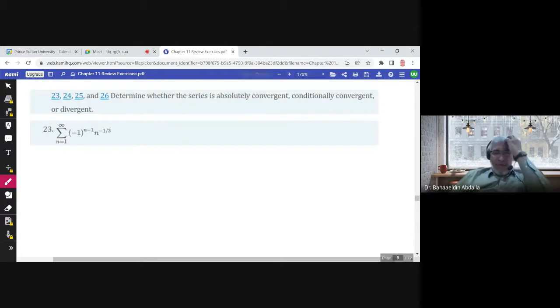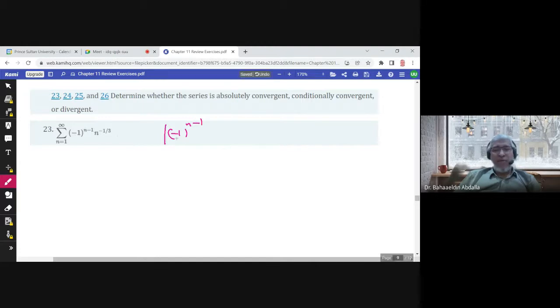Other types of questions ask to determine whether the series is absolutely convergent, conditionally convergent, or divergent. So let us find out here. Well, usually we take the absolute value of a_n and see what would happen.